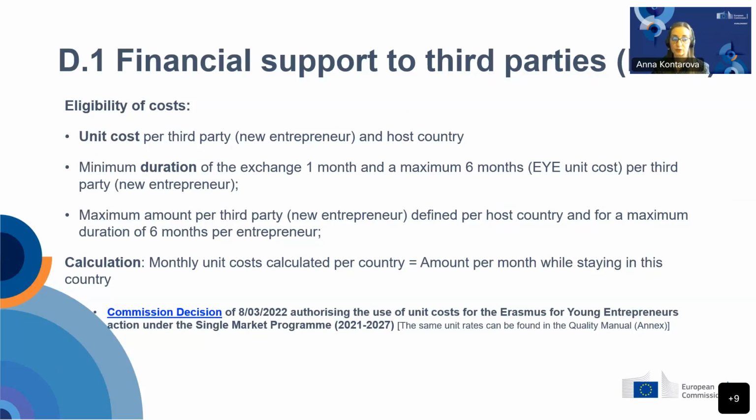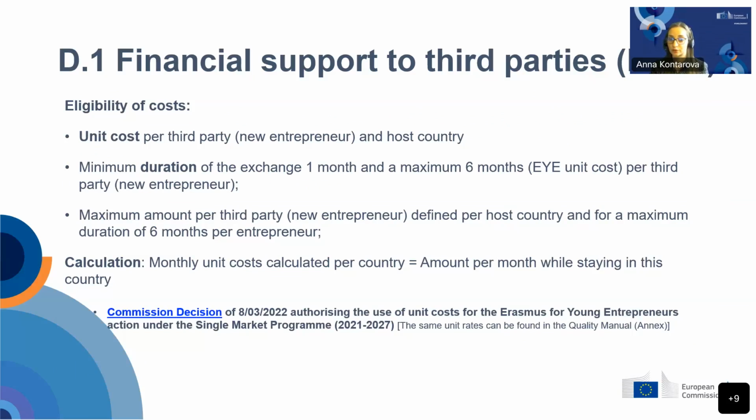As Ralph has already explained, the FSTP must be budgeted for a partner who will transfer the money to the new entrepreneur. And there are some deviations, as we told you, but these are only accepted in duly justified cases.